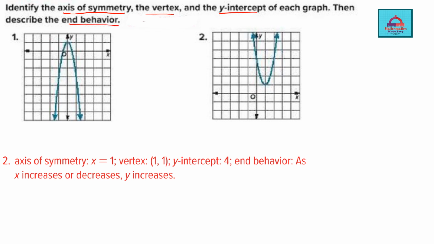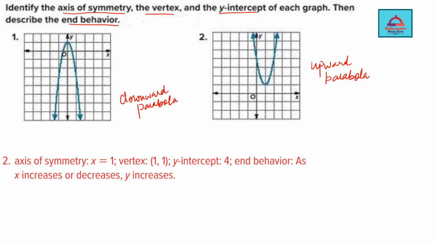This is a downward parabola, as you can see. So what is the shape? Downward parabola. This one is an upward parabola. Both of them have a U shape, but one is going down and one is opening up.